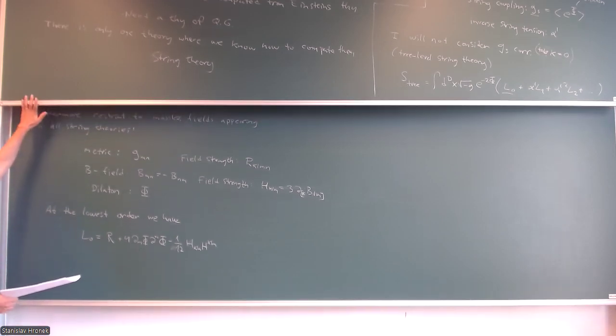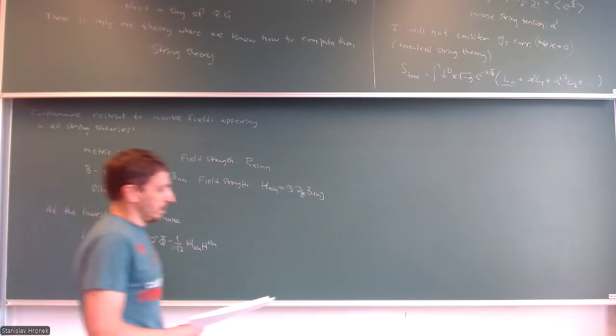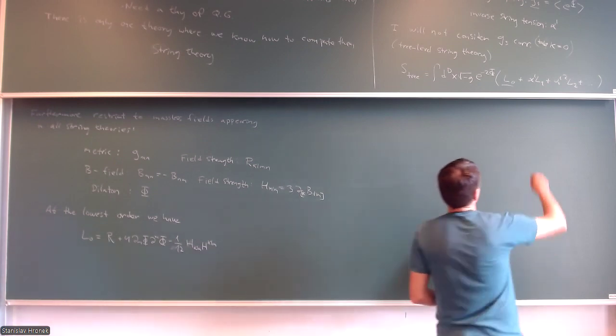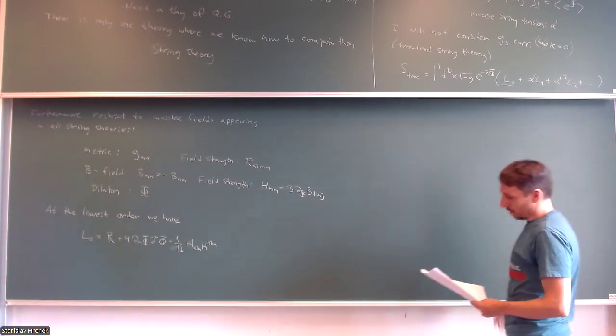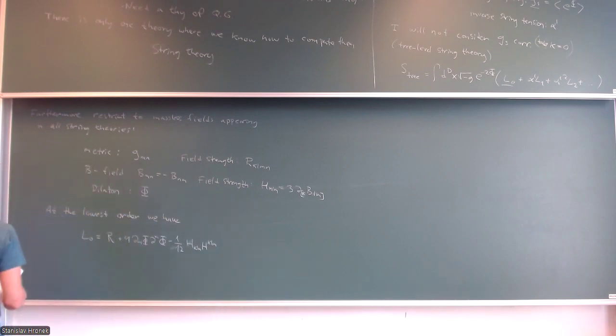Okay, so this is all very well known, but we're interested in the higher derivative alpha prime corrections, L1, L2, and so on. So how do we find these?